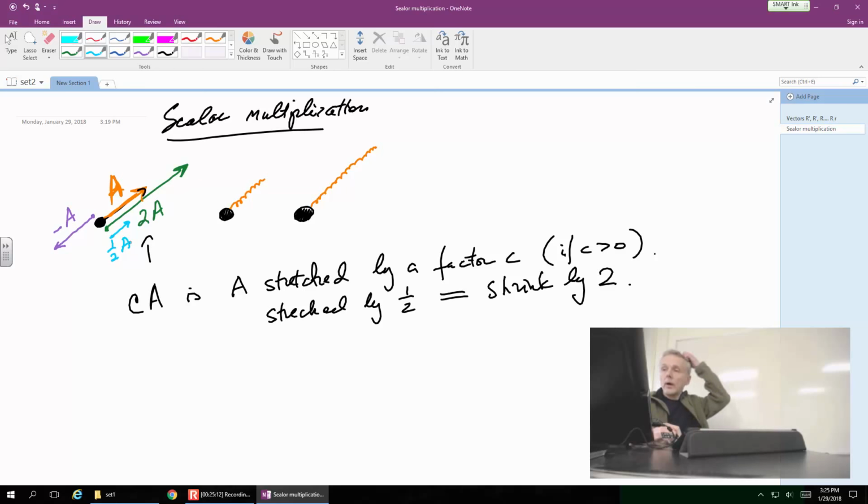Okay, so let's do coordinates. But first, before we do coordinates, let's realize that, as always with vectors, there are always points, and anything multidimensional could also exist in the one-dimensional case. So, one-dimensional.